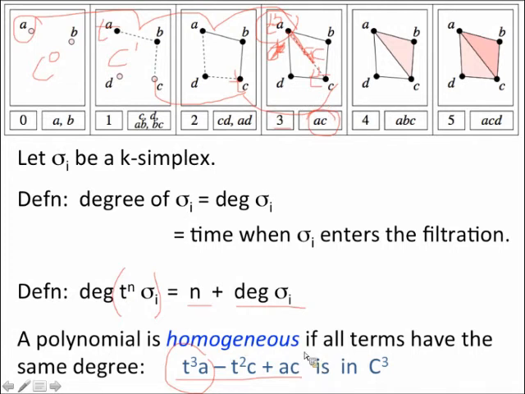So this tells us that this is an element in at time 3. We call that a homogeneous element if all the terms are the same degree. The same degree means that they're all existing at exactly the same time. Any questions up through here?